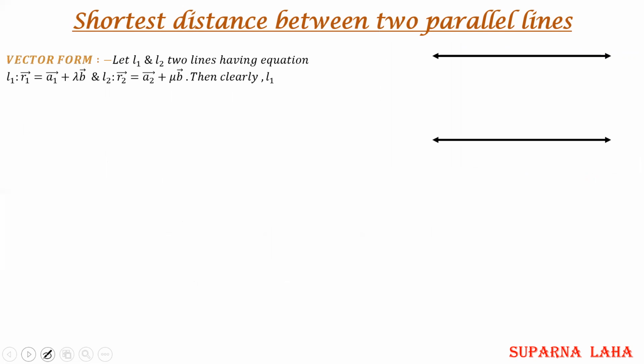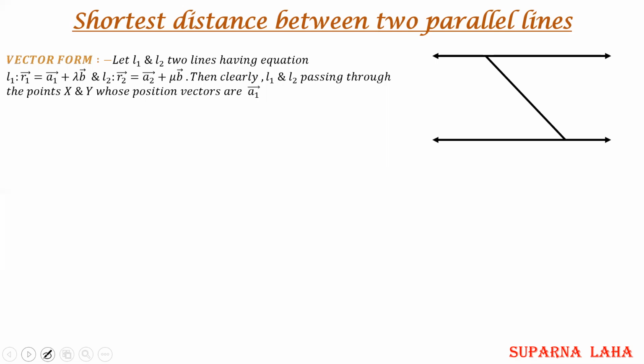L1 is represented by vector A1 plus lambda times vector b, and L2 by vector A2 plus lambda times vector b. So any point on this line L1 has position vector A1, and another point has position vector A2.